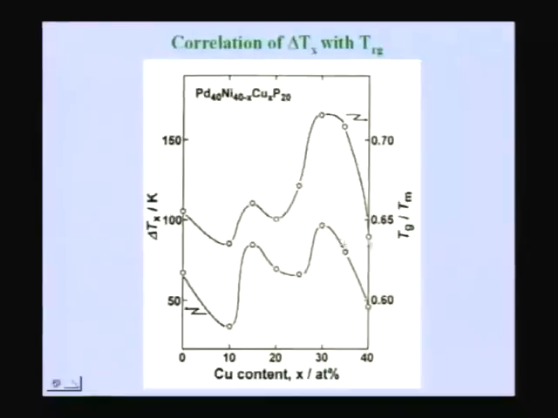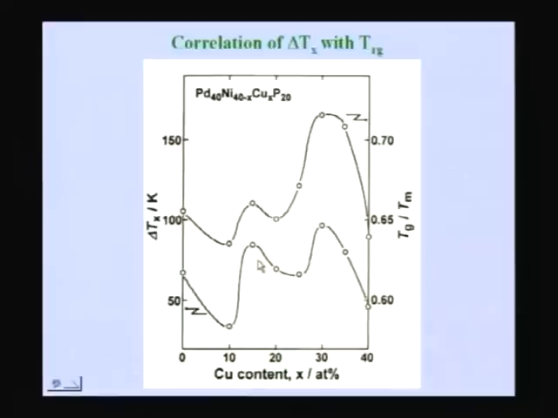If we keep varying the copper content, both TRG and delta Tx vary. But what is interesting to note is that, the bottom curve being for delta Tx and the top curve for TRG, wherever the delta Tx goes to a minimum, the TRG also goes to a minimum, and wherever this goes to a maximum, that also goes to a maximum. So any one of these parameters is more or less a good parameter.